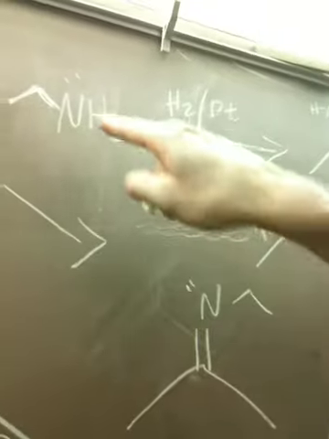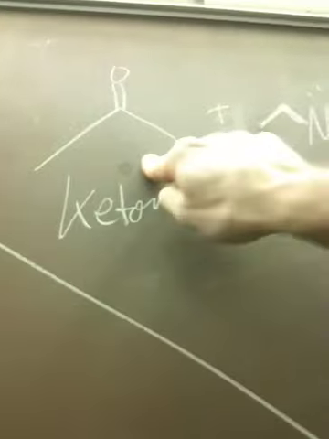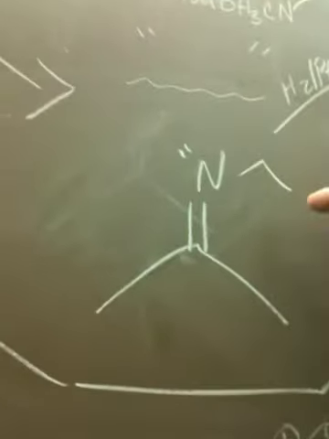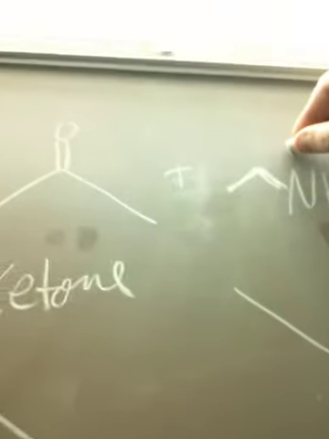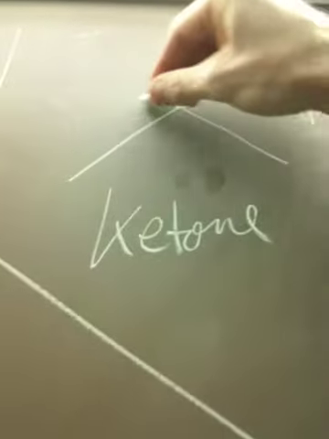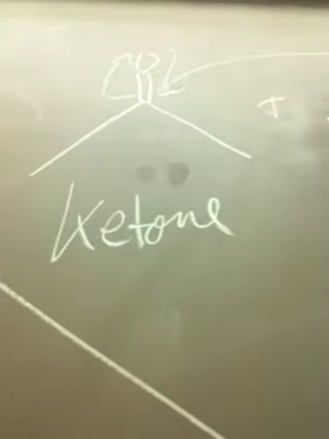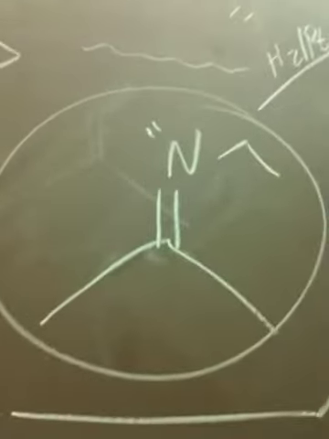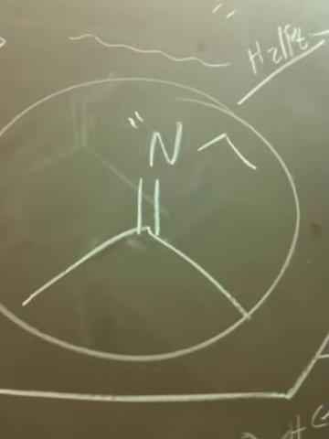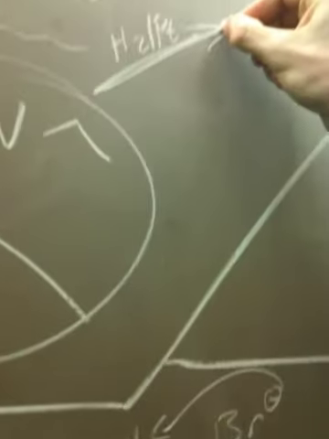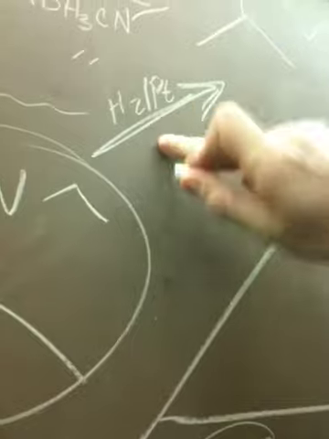A way to add this on is that it actually reacts by itself. So this goes here like this, and then this goes up here and this comes back down, and you end up with this. Then you can reduce it with H2, Pt.